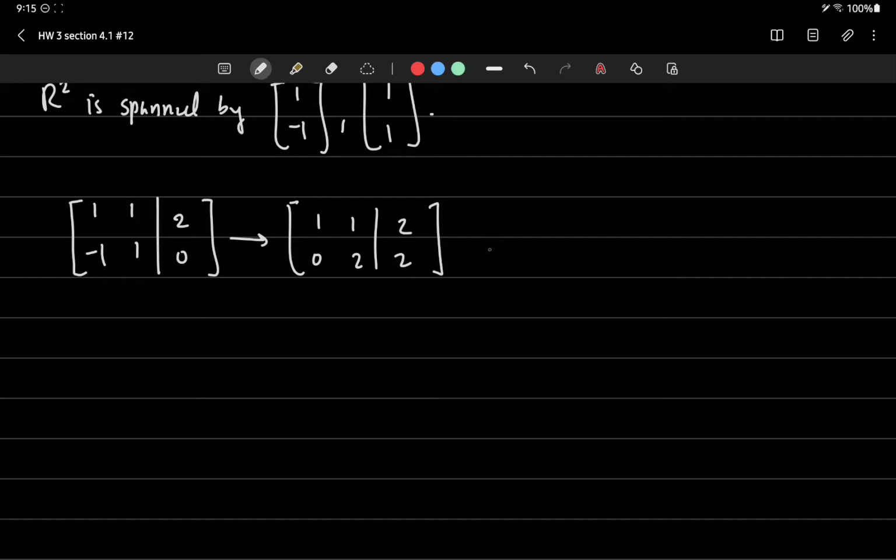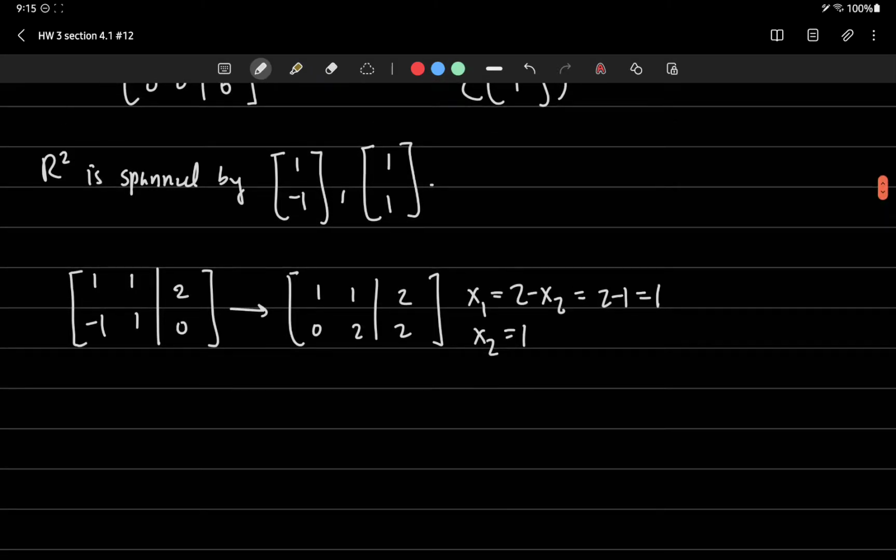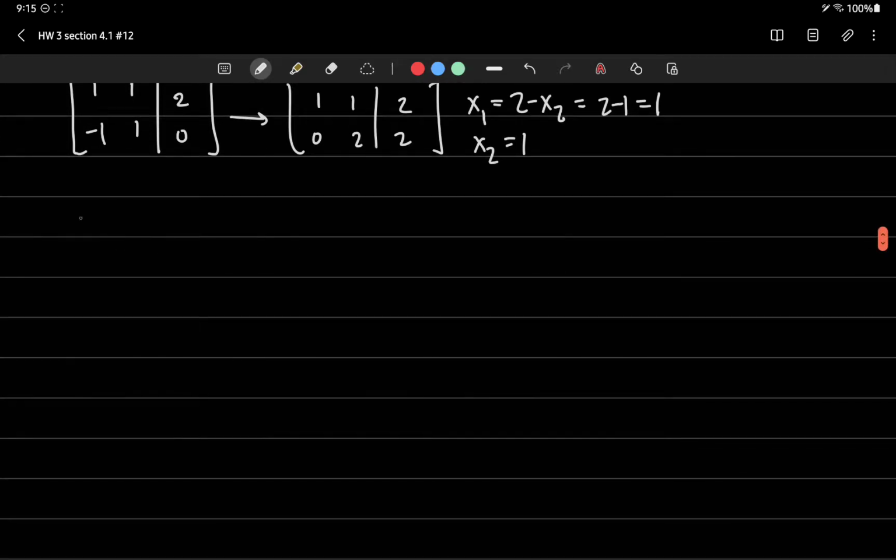In this case, from the second row, the second component x2 will be equal to 1. And since x2 is equal to 1, x1 equals 2 minus x2, which is 2 minus 1 equals 1. So both multiples of both columns are going to be 1. So this would be the correct solution. x would be equal to 1 times 1, -1 plus 1 times 1, 1.